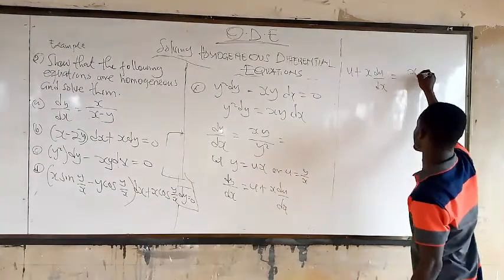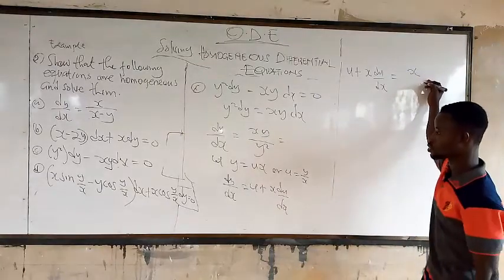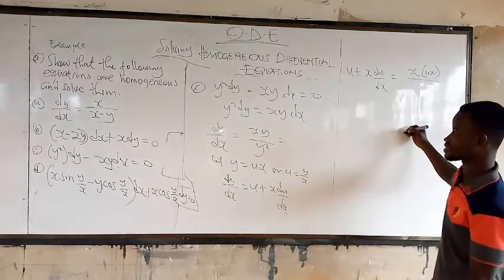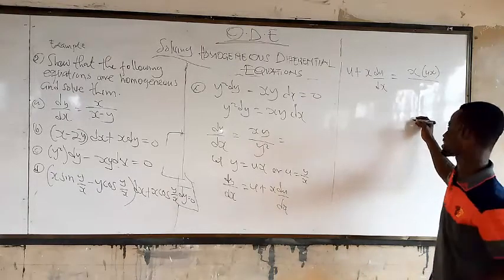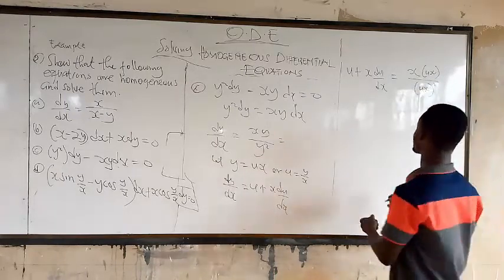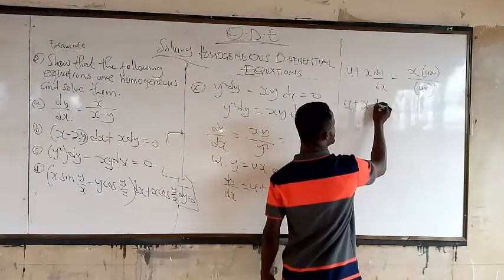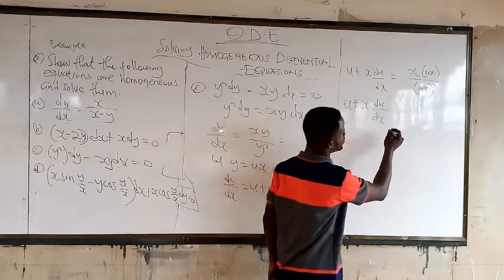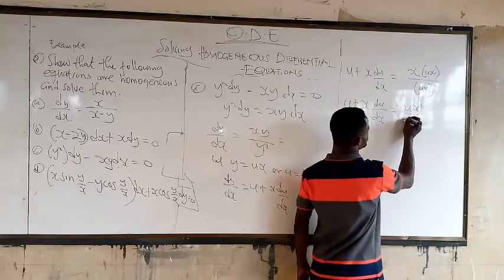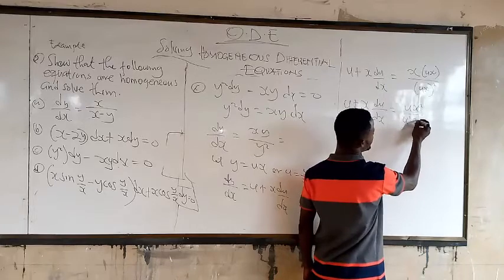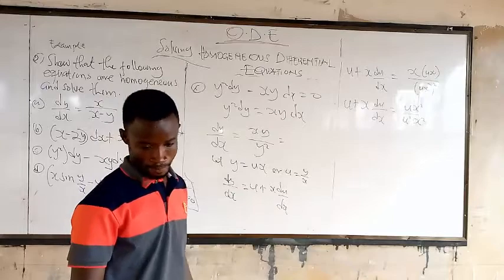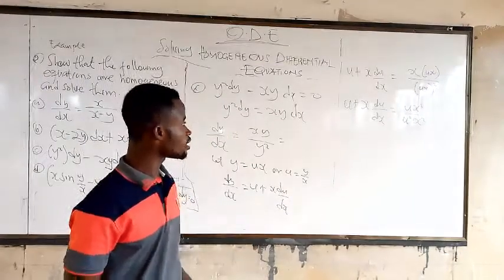Alright, so we have x, but the y is what? ux. Alright, so here we get u plus x du/dx to be equal to ux squared over u squared x squared. Hope you can see that.